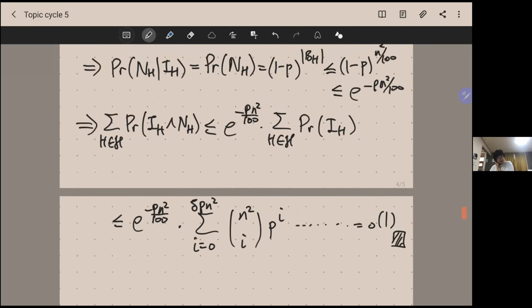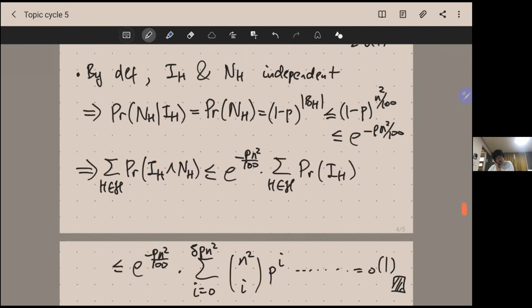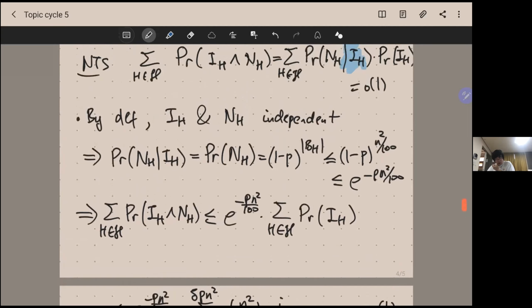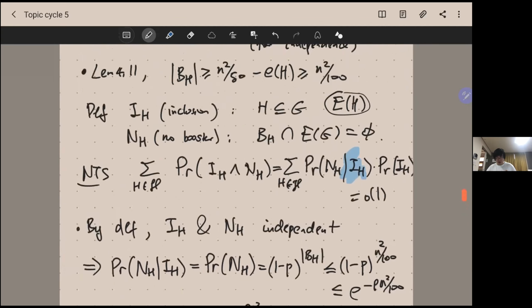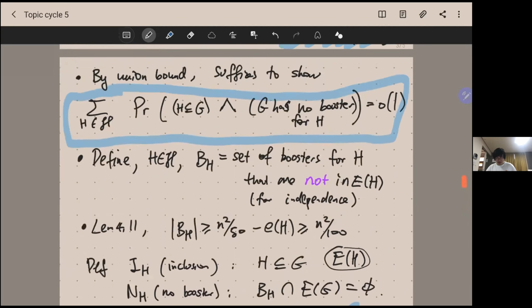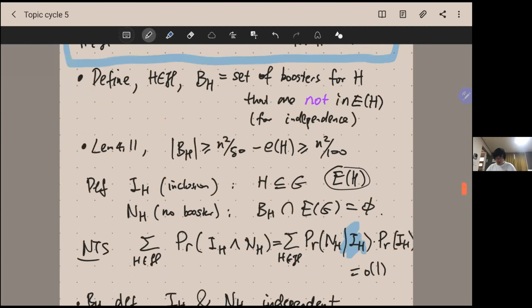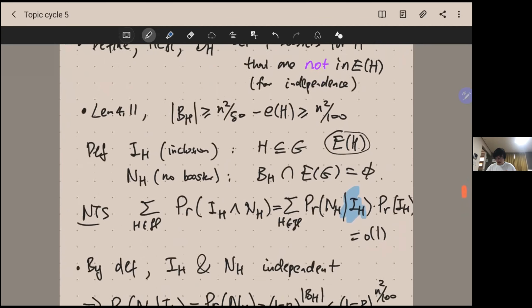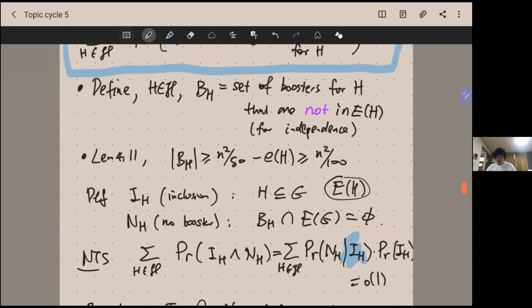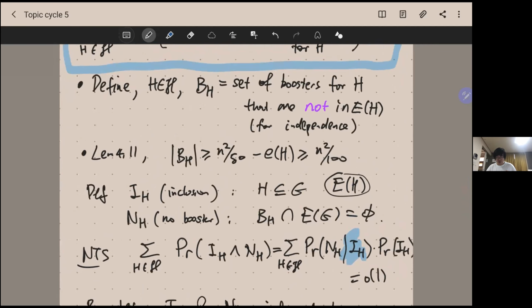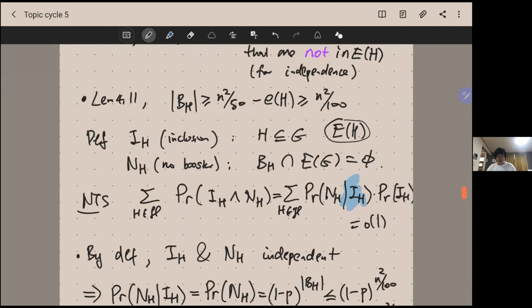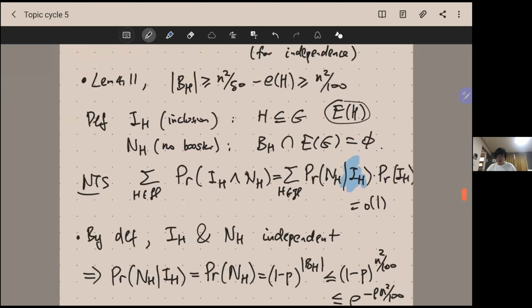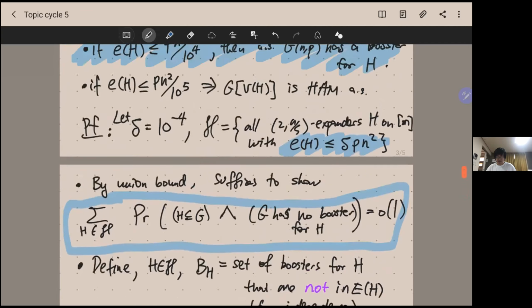Okay, so let's come back here. Apart from this calculation, the proof is really short, right? The essential idea, as you can see here, is to define this booster disjoint from E of h to get an independence, which helps us write this joint event as two independent events, and you can calculate them separately.